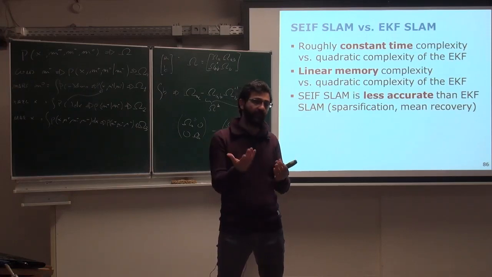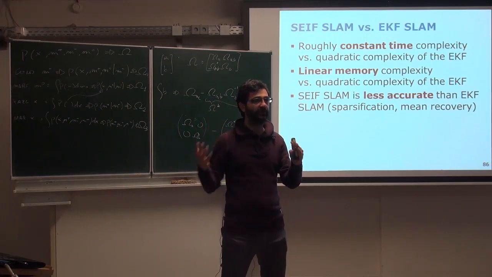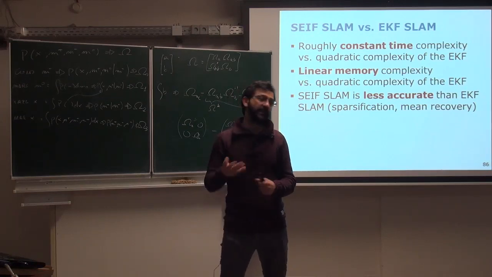You have a linear memory complexity. So instead of storing a quadratic number of values in a covariance matrix, you can just store a linear number of values in a sparse information matrix, but you get less accurate.